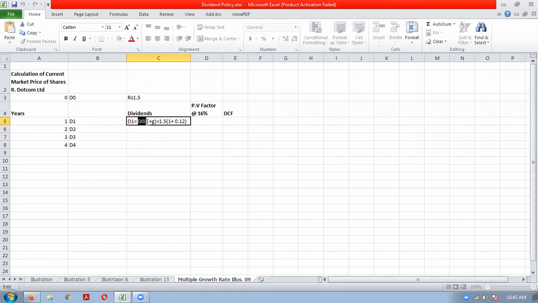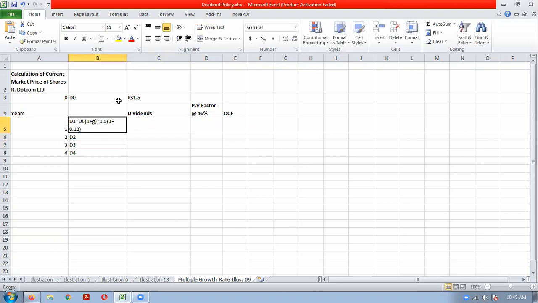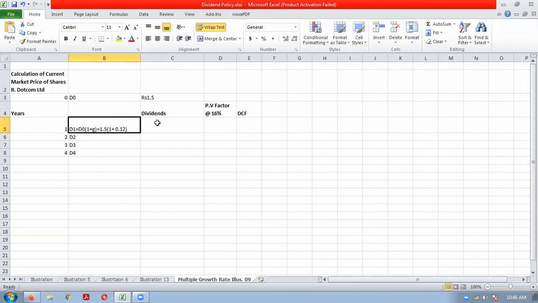This formula we can keep it here, it will be good, I think. D1 is equal to D0 into 1 plus G. Here we can write the answer. So what will be D1? Anybody calculate? 1.5 into bracket 1 plus 0.12. This column you can call workings.